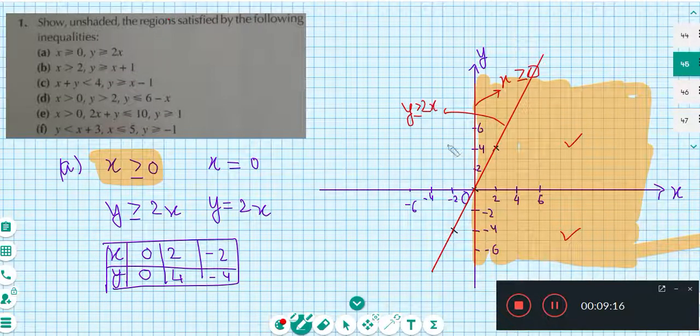As you can see in the inequality, y is greater than or equal to 2x. It means the region will be above this line, because greater than y means above.